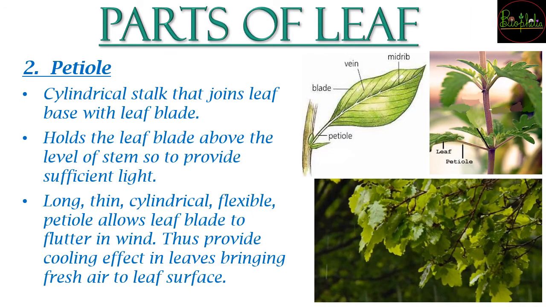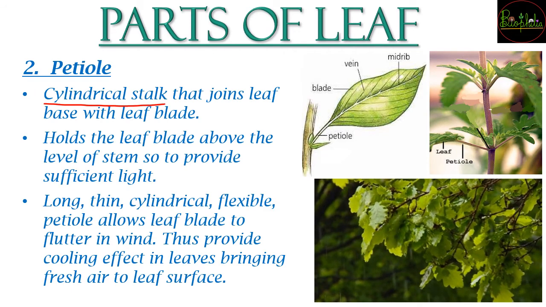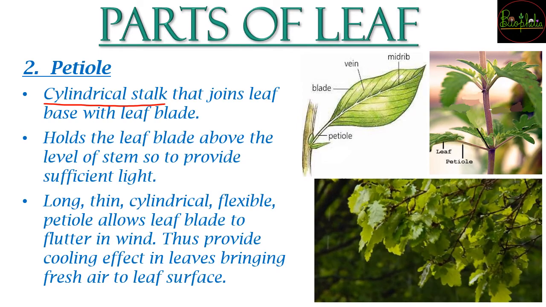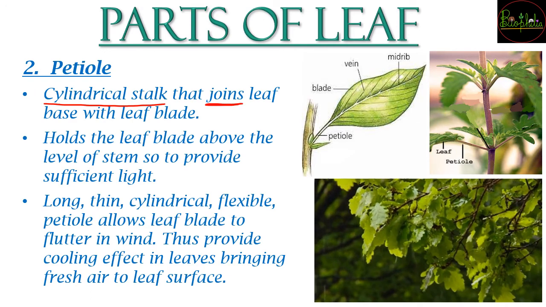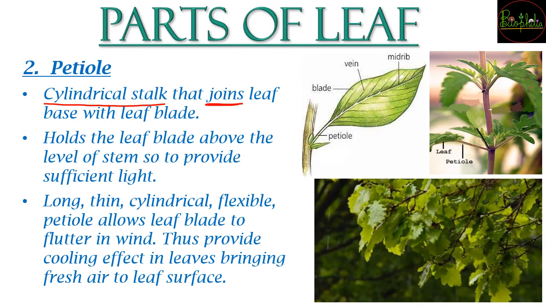Now if you go a little ahead of the leaf base, there is going to be a slender stalk. That cylindrical slender stalk is going to be the part of the leaf which joins the leaf base to the leaf blade. So the leaf blade is nothing but the third part of the leaf.